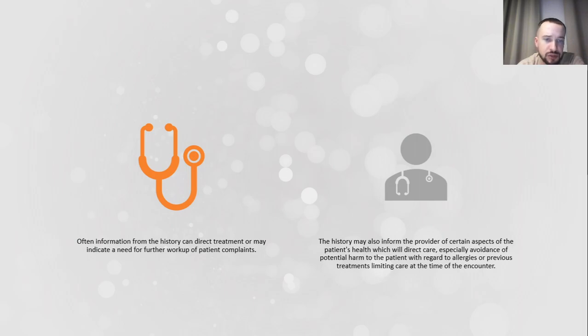Often, information from the history can direct treatment or may indicate a need for further workup of patient complaints. The history may also inform the provider of certain aspects of the patient's health which will direct care, especially avoidance of potential harm.